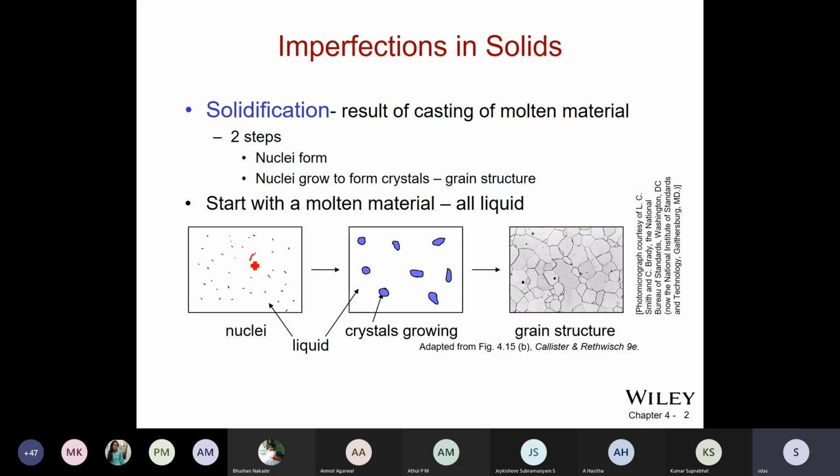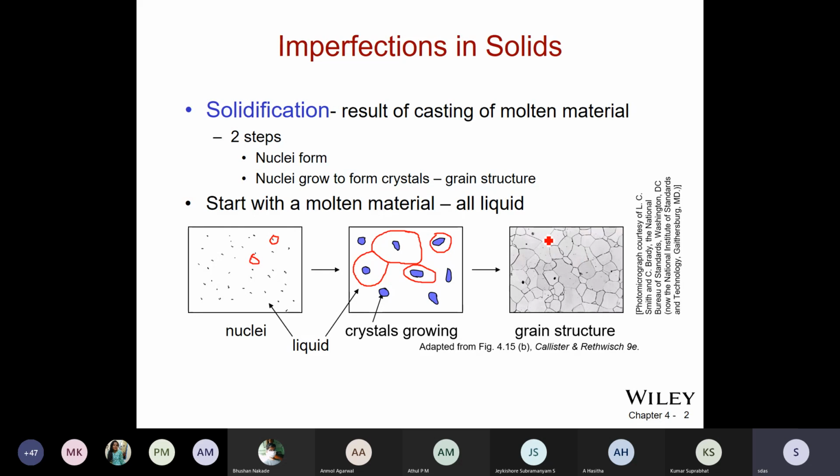The rest of the bath is molten metal. With time and undercooling, meaning you are cooling below the freezing point, these tiny nuclei grow, and these are called crystals. They keep on growing until they meet another growing crystal, because one solid will not penetrate into another solid. This is how growth takes place.